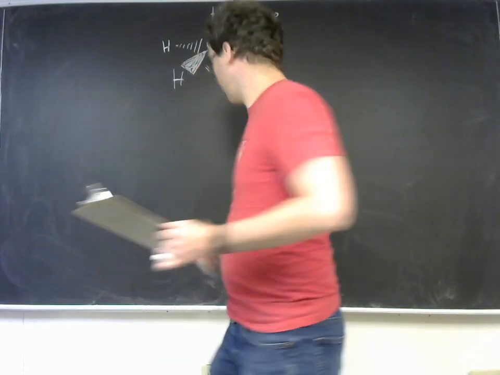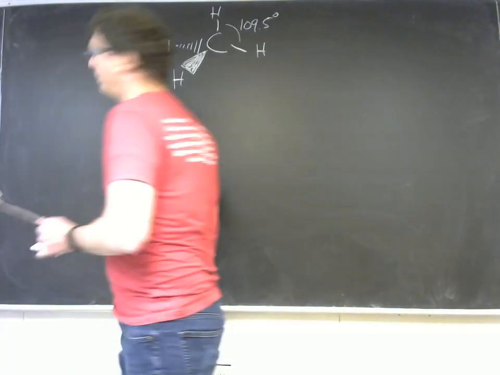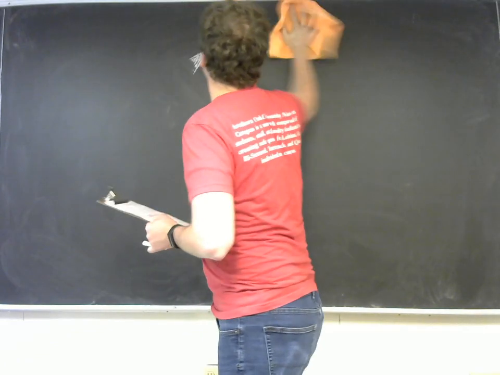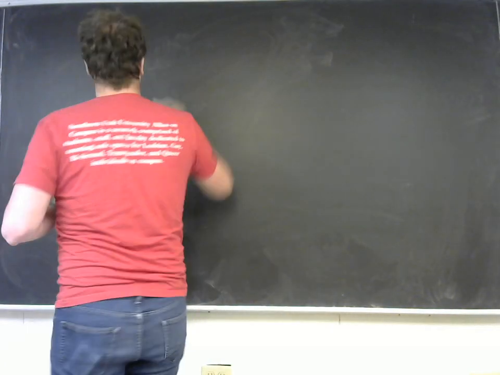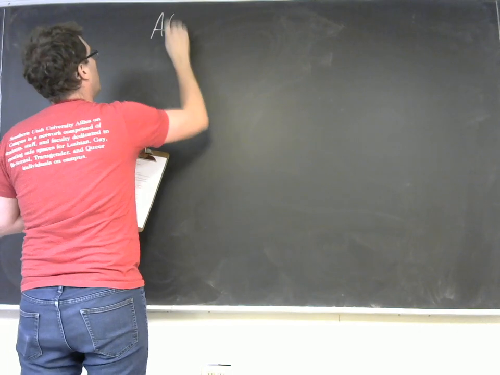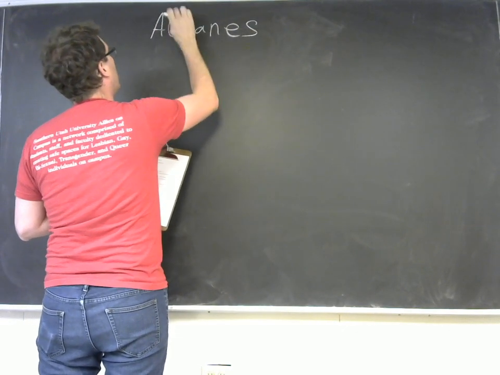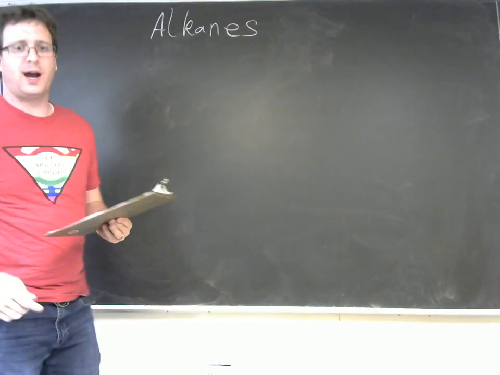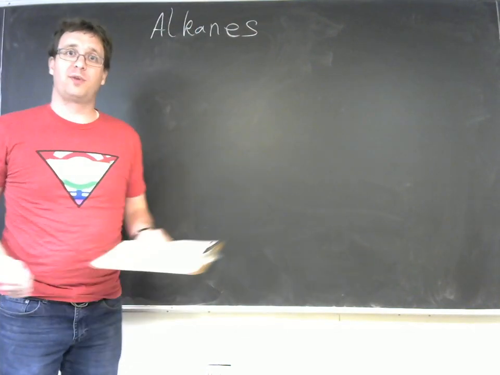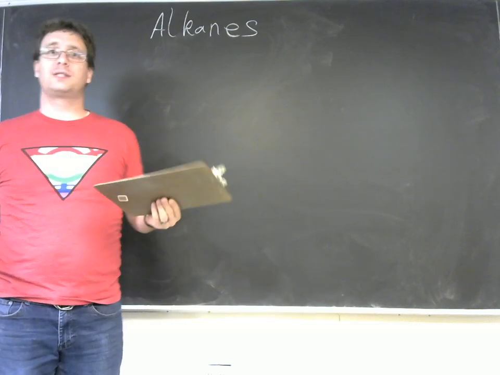All right, so the first class of organic molecules that we're going to talk about are the alkanes. Alkanes are hydrocarbons. That means they have only carbon and hydrogen, and they have all single bonds.